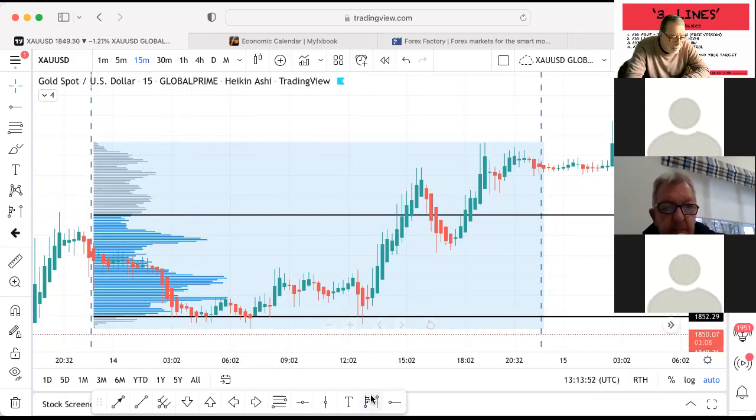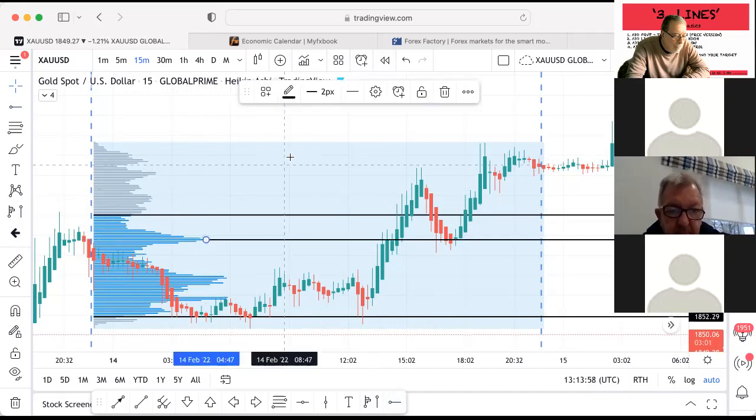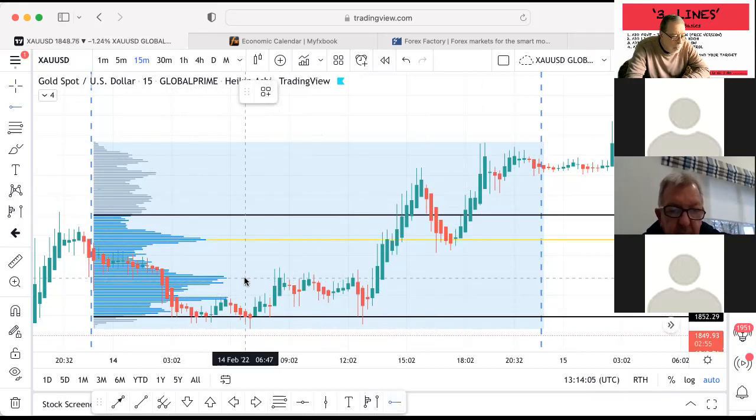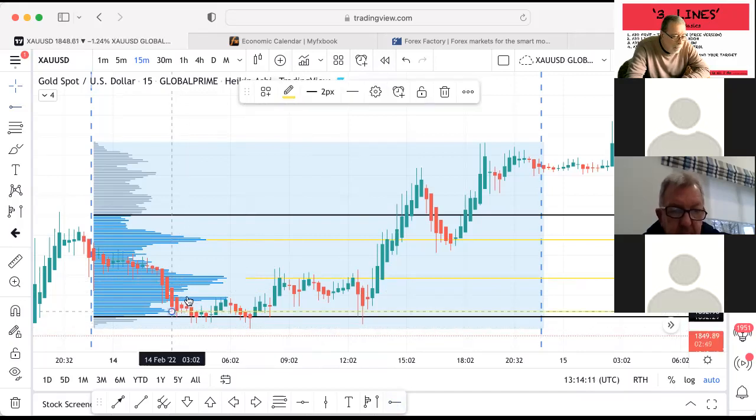So what I'll do is I'll put a number of these lines on for you. I'll put one on there. I'll change that to yellow so it's not quite as distinct. I'll put one on there and put one on there.